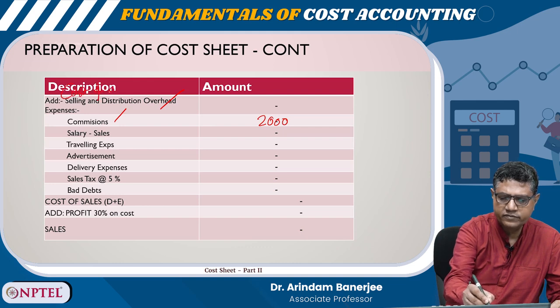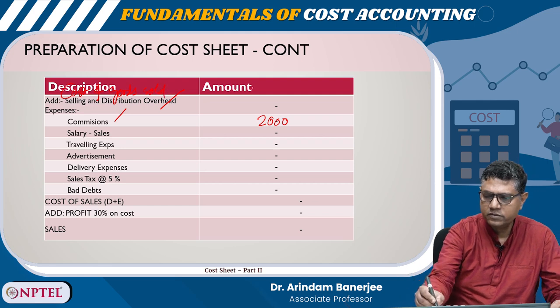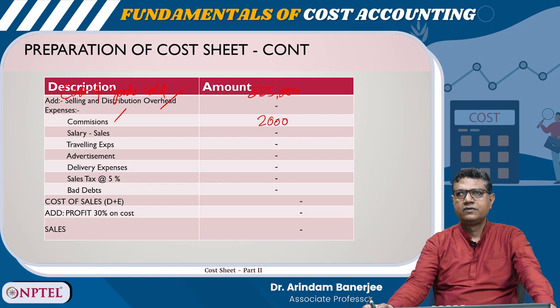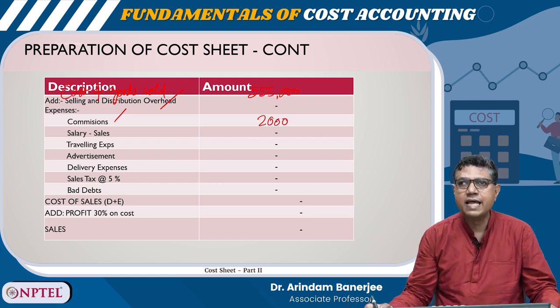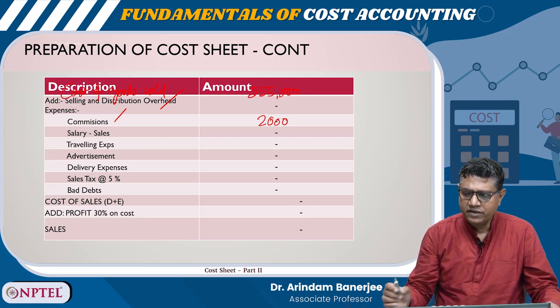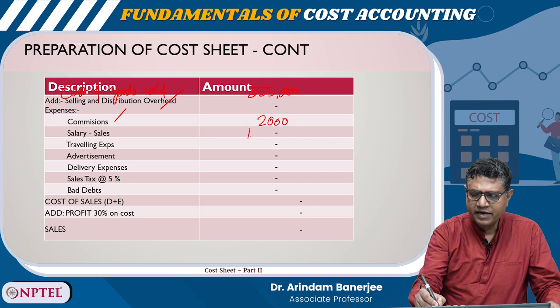Cost of goods sold 5,55,000, right? So, we are doing this now. Commissions 2000, sales salary you can take as say 10,000.